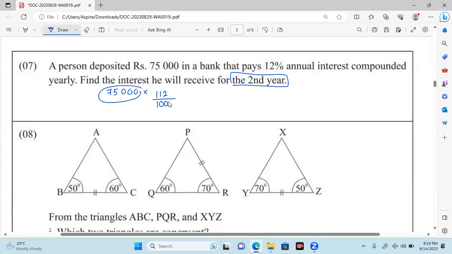Therefore, for 75,000, then the answer is 84,000.